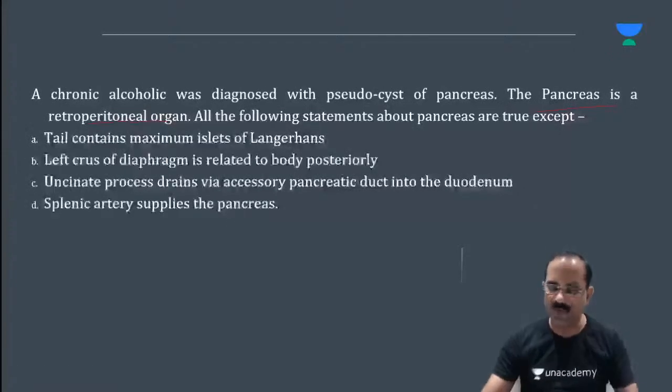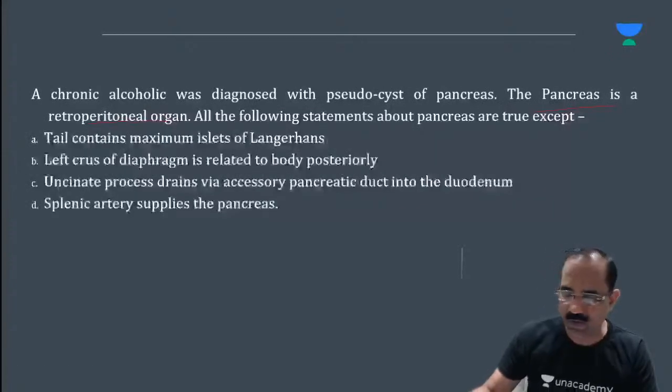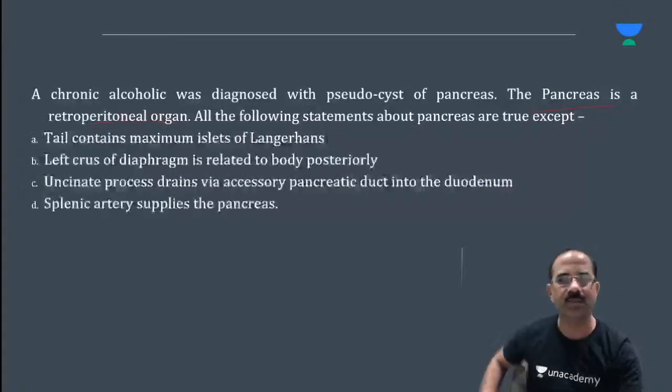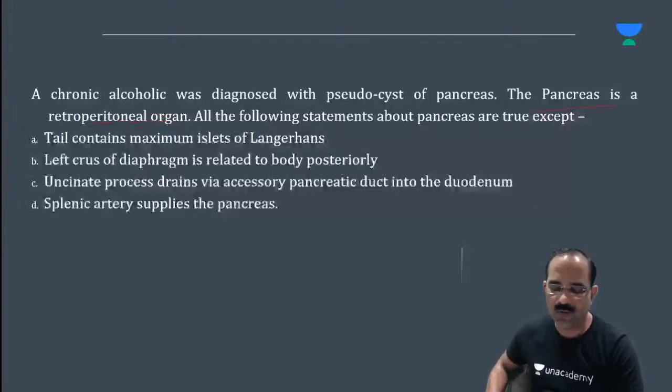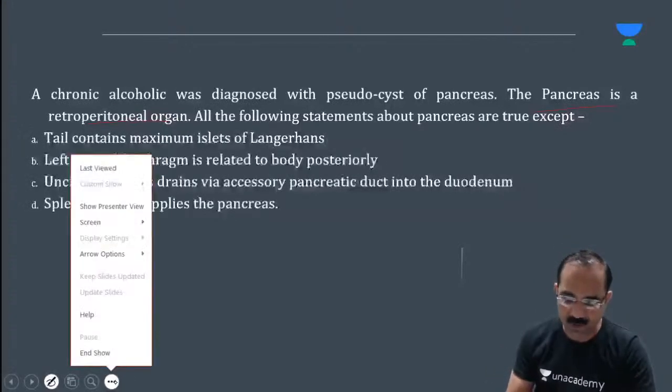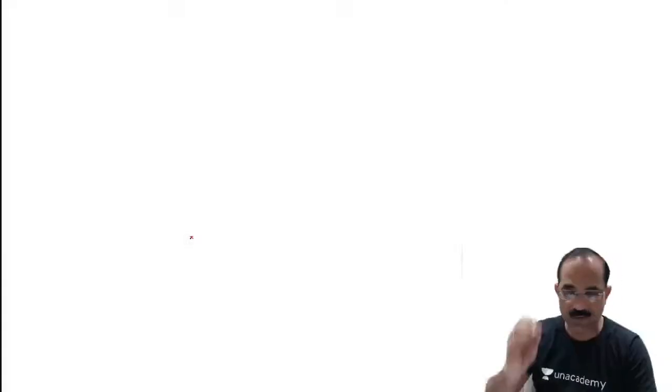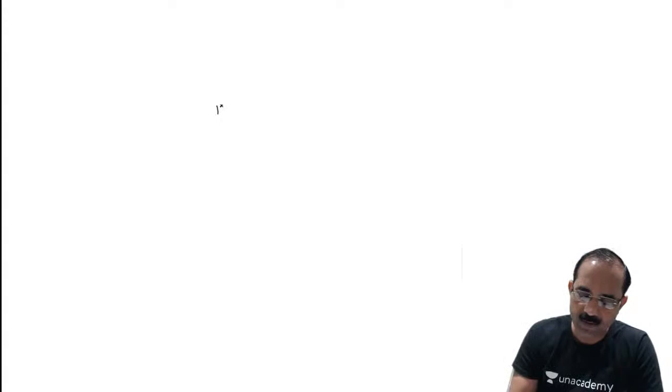Students, can you tell me which are the other retroperitoneal organs? Pancreas is already written here. Any other retroperitoneal organs do you know of? This is extremely important and you should know this. Come on, just tell me quickly the list of retroperitoneal organs. One is the kidneys.